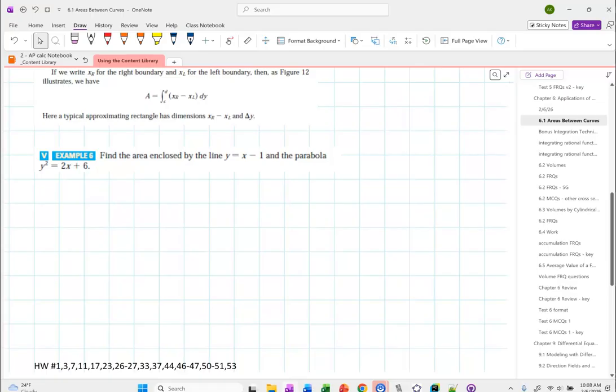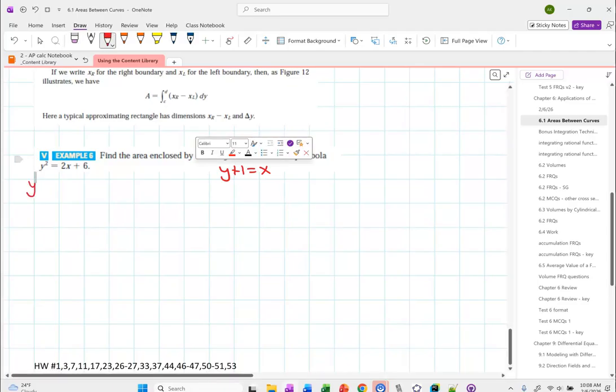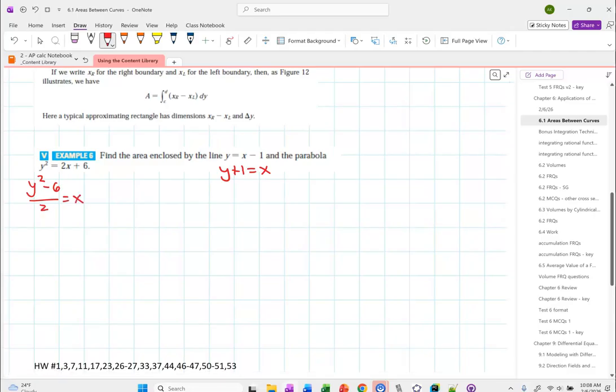So instead what we'll do is I'm going to rewrite both of these in terms of x. Okay, with that, I'm then going to find where they intersect by setting them equal to each other.